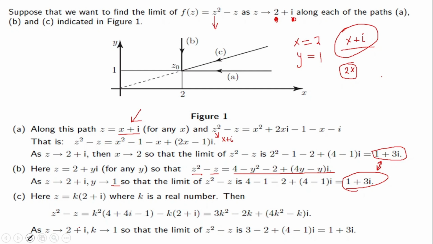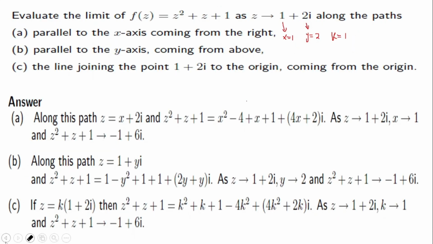And in this case, you know your k can never be 0, because if k is 0, this thing does not exist. So the lowest value of k can be 1. Because you're taking the limit towards the lowest value, right? So the lowest value of k is 1. So anywhere you see k, you put 1. So everything will still give you the same answer, minus 1 plus 6i.